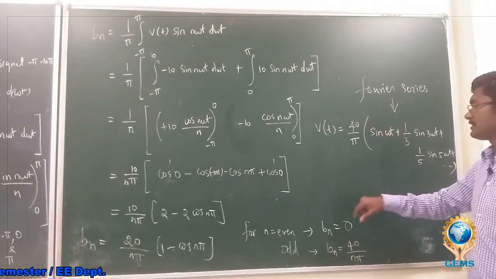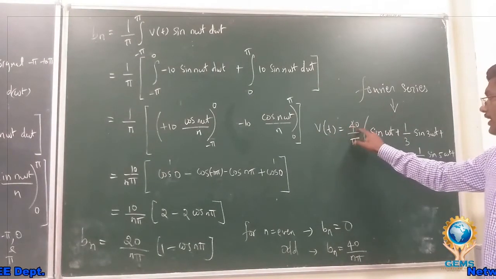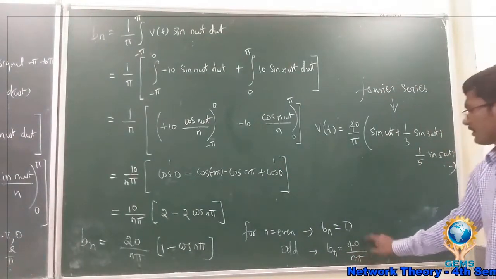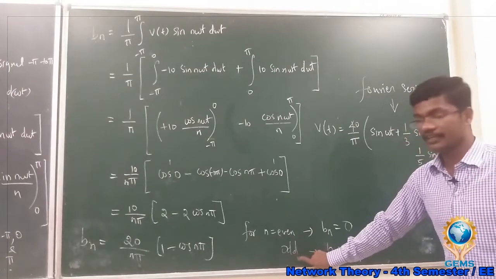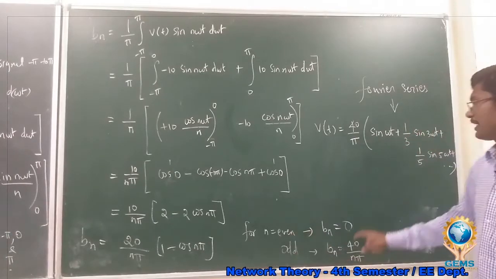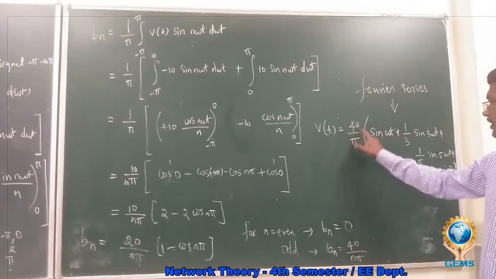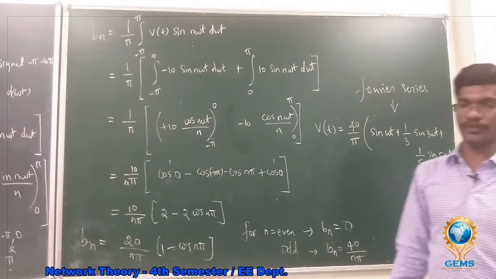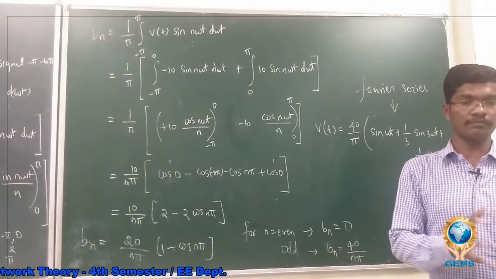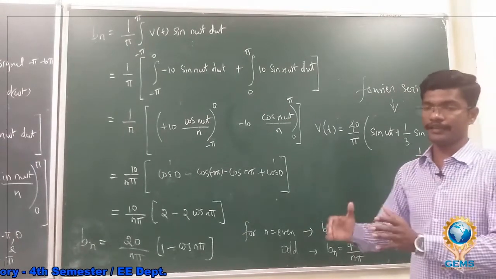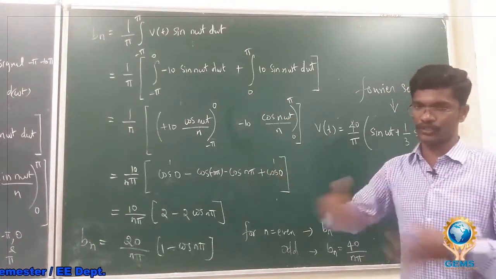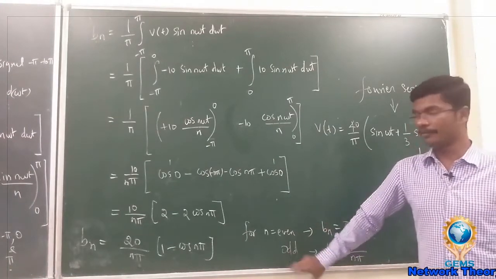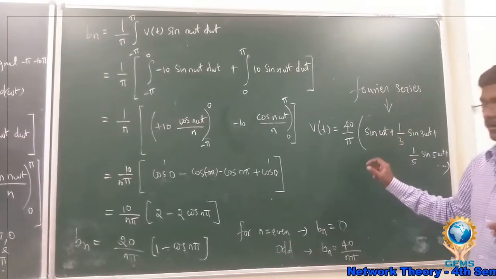Finally the Fourier series is v of t equals 40 divided by pi. Please understand, we will take only the odd values; for even values the value will become 0. So we take 40 divided by pi into only the sine terms. In the Fourier series, first the a0 term, after that an into cos terms, which is 0, so there are no cos terms, only the bn terms, and those only for odd terms.